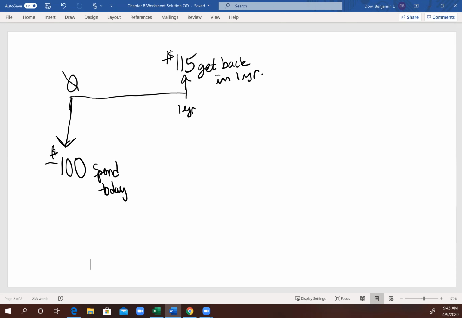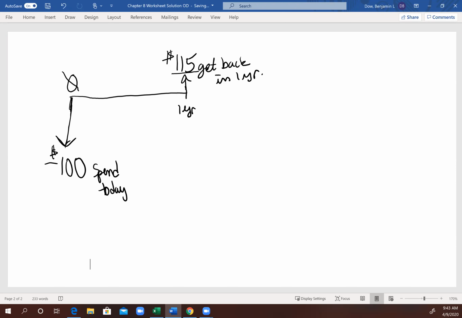If you knew with 100% certainty that 115 was the exact number, so there wasn't any risk or very minimal risk, then if you borrowed $100, there would be an appropriate interest rate associated with that $100.